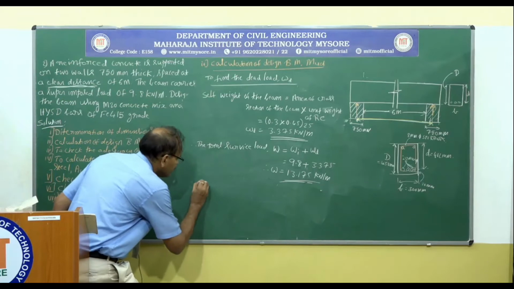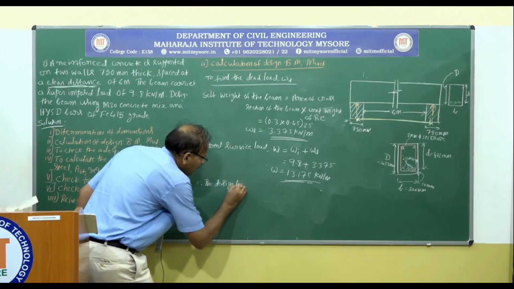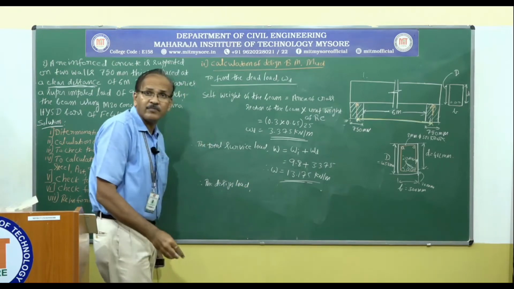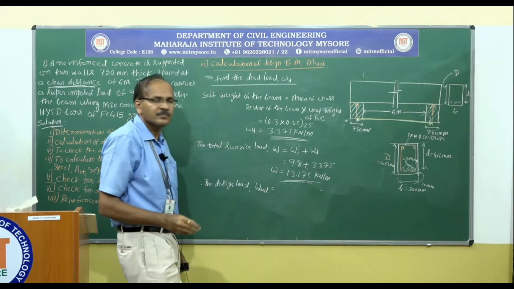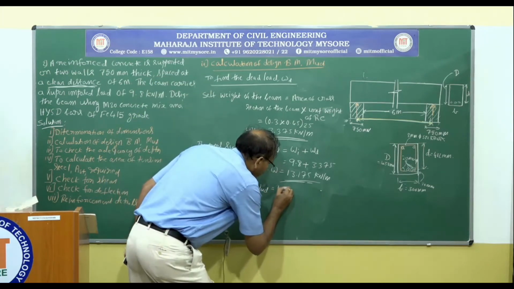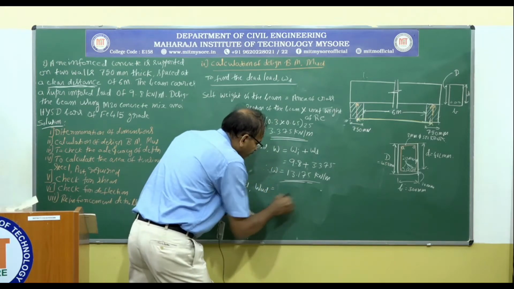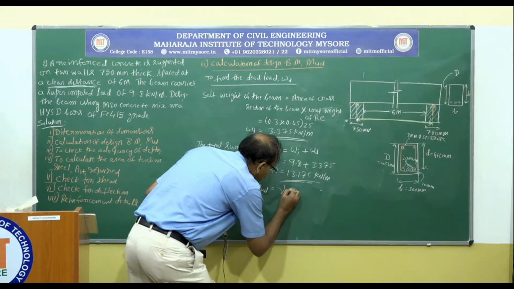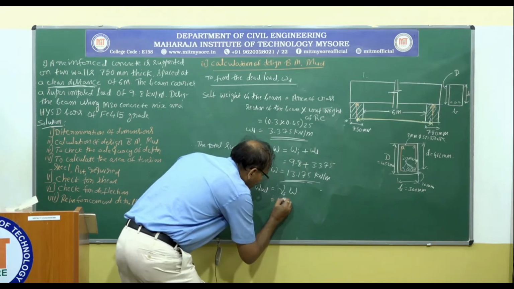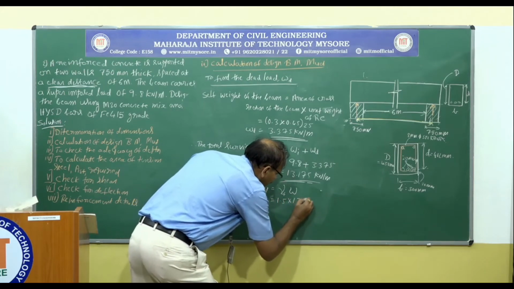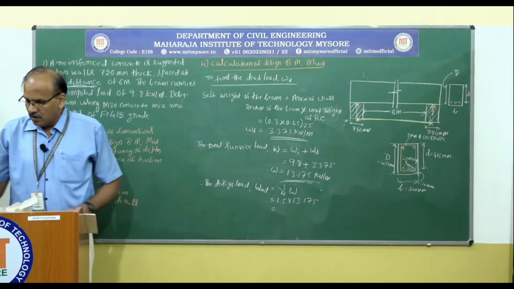Therefore, the design load, I am going to call that value as WED, is 1.5 times, that is gamma F multiplied by W, that is 1.5 times 13.175. Okay.